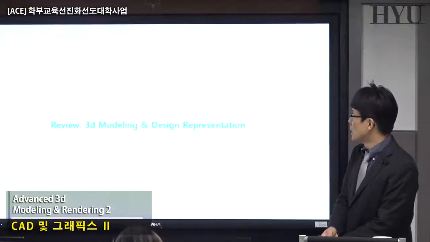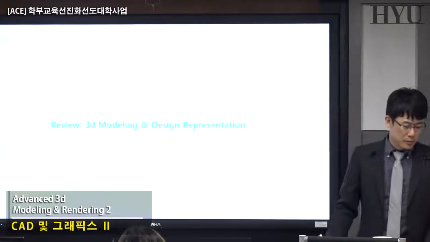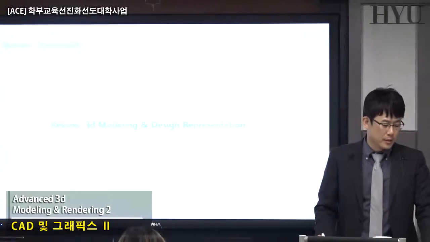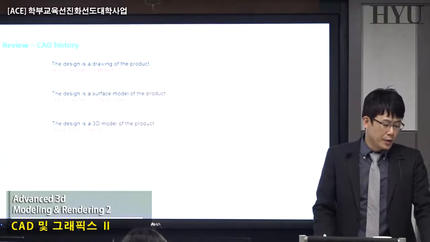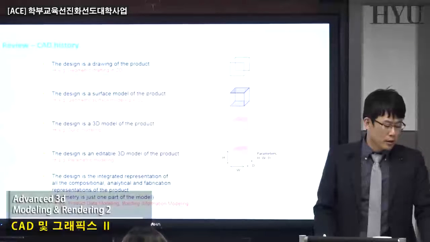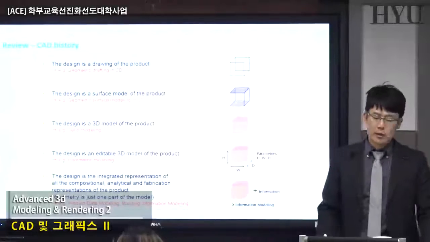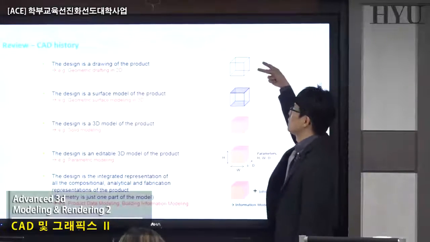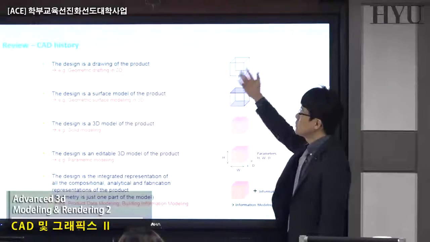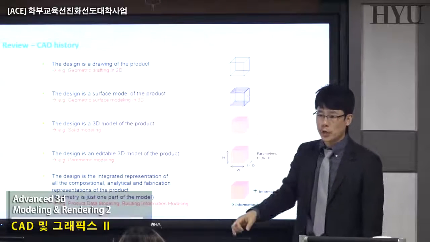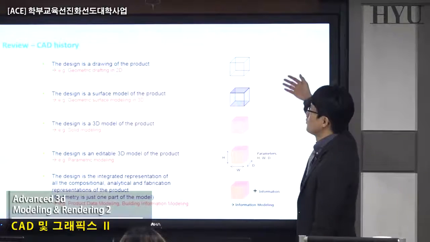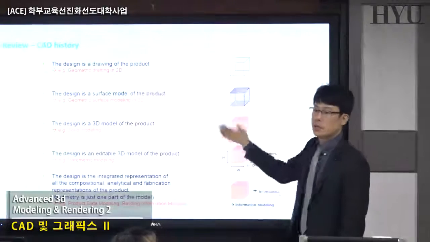Okay, let's quickly review some theoretical background issues about 3D modeling and design representation. I showed you this lots of times in terms of CAD history: when we believed 2D drawings are design itself, 2D drafting by using AutoCAD or plotters, 2D printers. At that time, that was enough for designing.